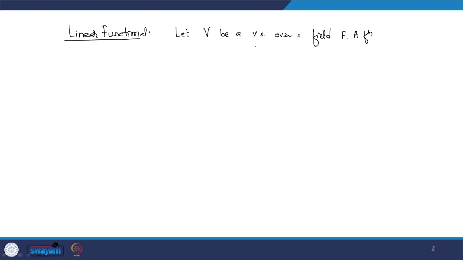Let V be a finite dimensional vector space. It is not necessary that it has to be finite dimensional.